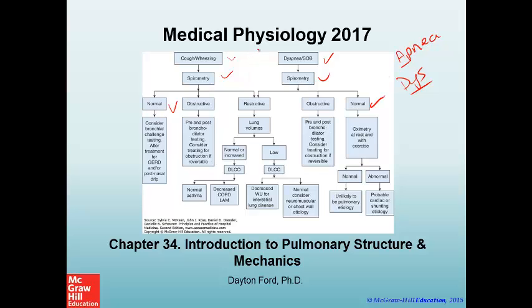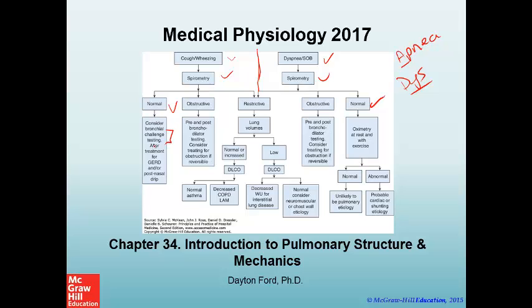So we're going to deal with the coughing and wheezing complaint. Somebody comes in coughing, I just did that. Wheezing, so difficulty breathing. When they breathe, it kind of whistles through their tubes. If they get a normal spirometry result, you might consider doing what's called a bronchial challenge test.